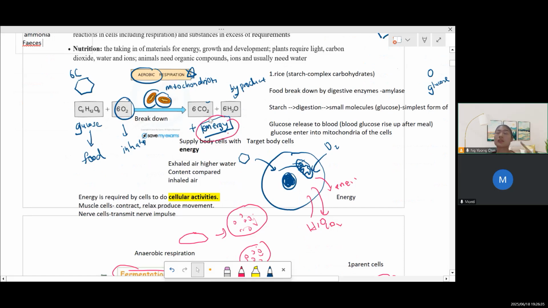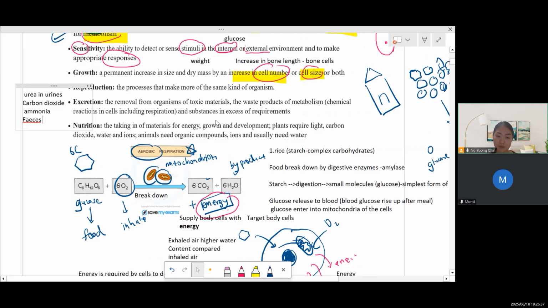That's why we call it gas exchange. You inhale oxygen and release carbon dioxide, because our body does not require carbon dioxide. Our body only requires oxygen.